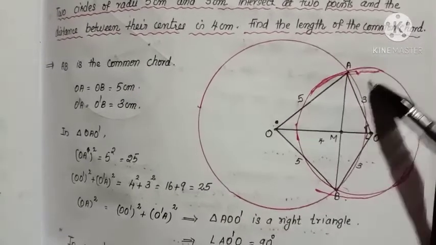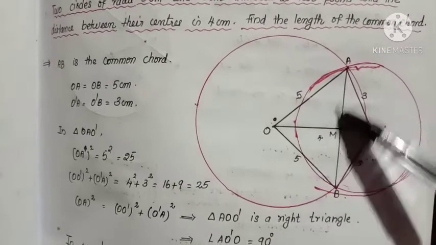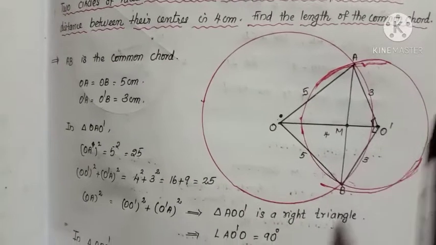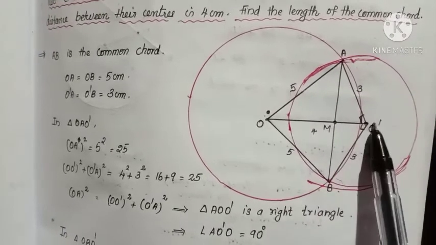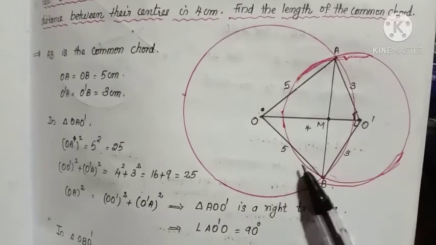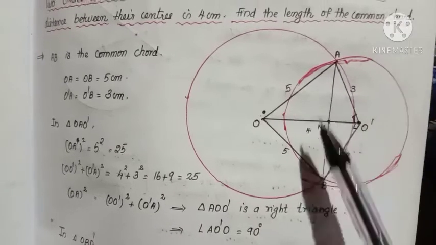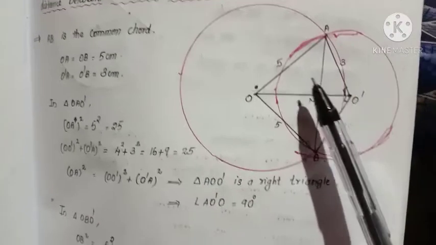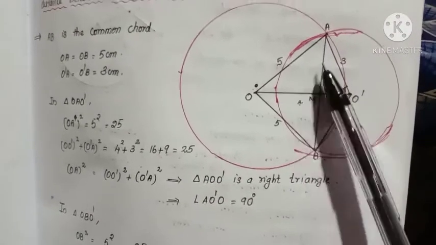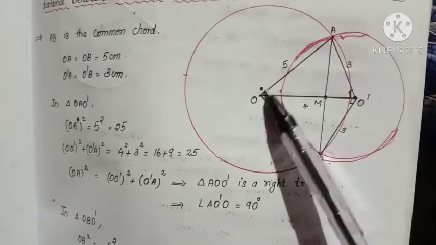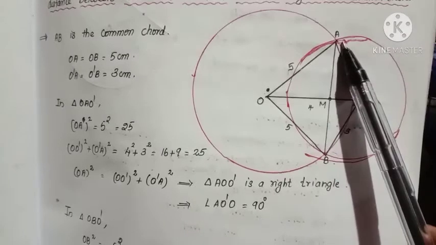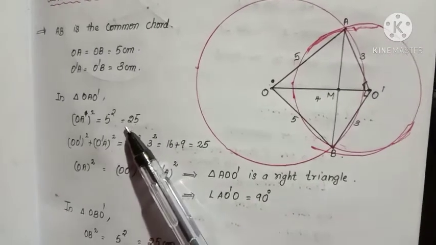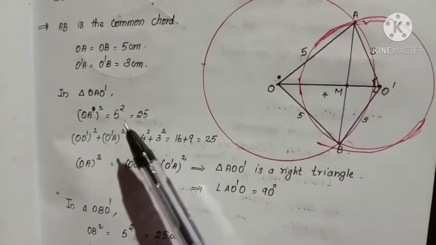So, AB is the common chord. We have to find what AB is. Here we have to consider the triangles OAO' and OBO'. In these two triangles, OA square is 5 square, that is 25.